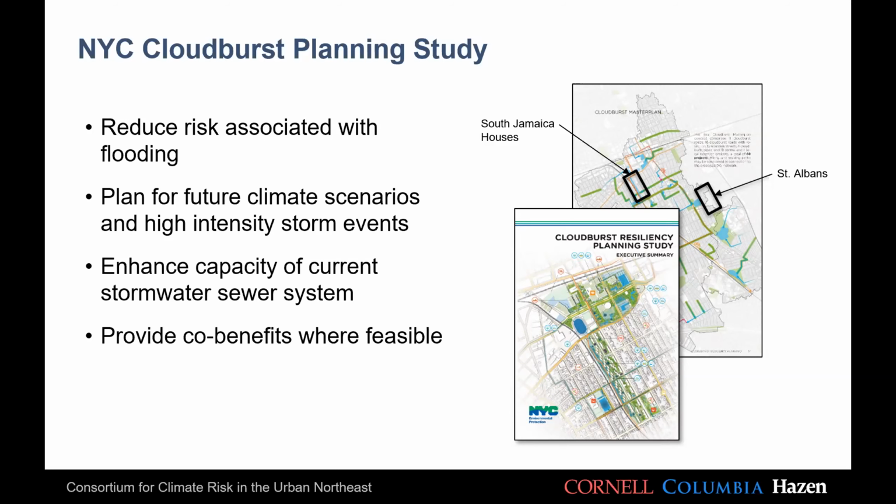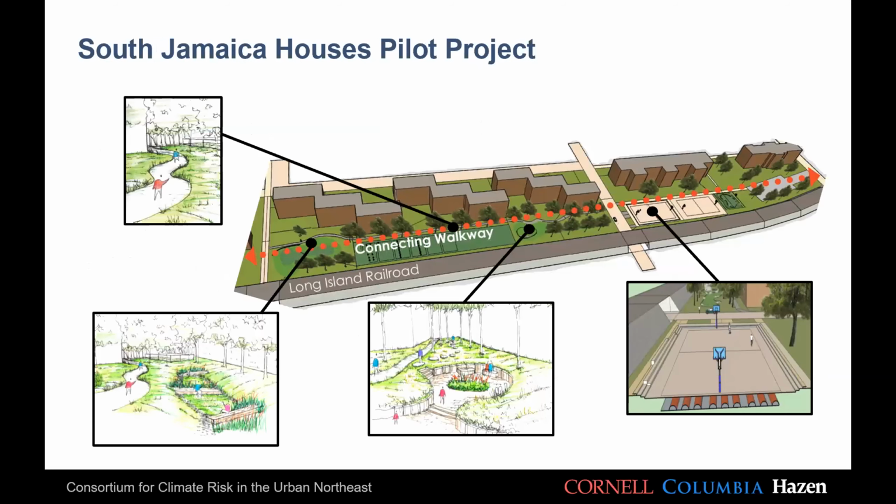So in South Jamaica, the idea is to create a hydraulically connected system of overland detention areas. The runoff would be stored via detention in basketball courts, parking lots, amphitheaters, and then routed through catch basins into subsurface storage before discharging into the public storm sewer system.